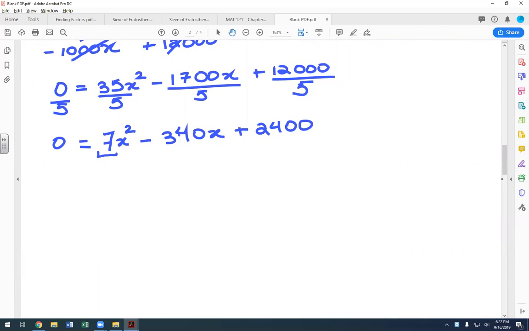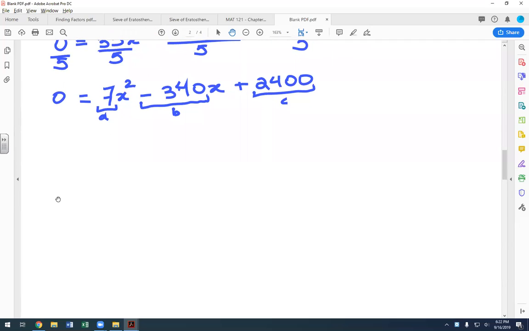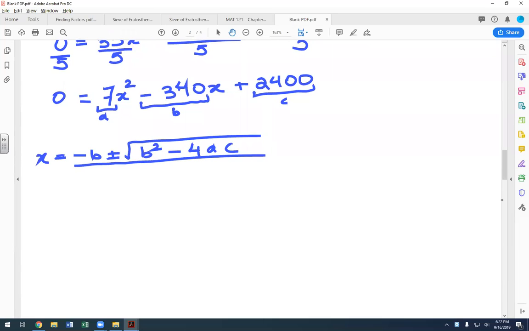This is your A, B, and of course our C values. So that would be x equals negative b plus or minus the square root of b squared minus 4ac, and the whole thing over 2a.